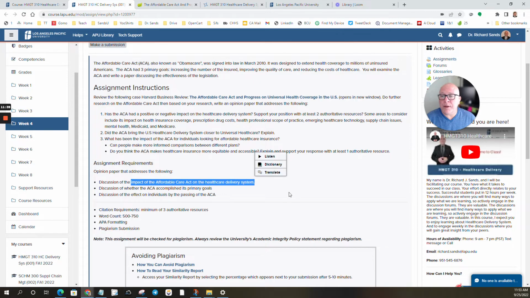Now, on this third one, because this number 3 actually breaks it into 3 parts, right? So you're going to address 3 parts under this last bullet. So you would use a level 1 heading to tee up this first one you're going to talk about, and then you can use a level 2 heading for these next 2 sections you're going to answer.